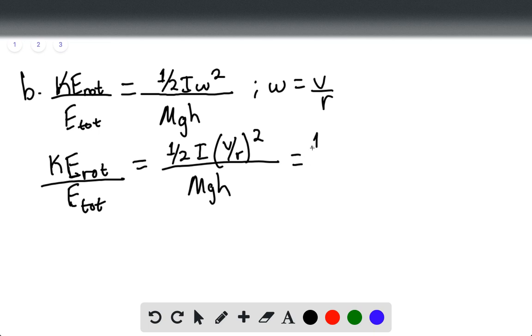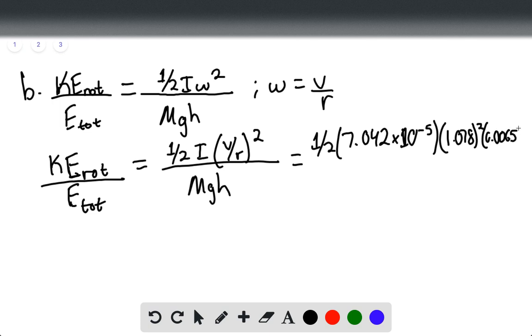And this is going to equal 1 over 2, and then 7.042 times 10 to the -5th, and then this will be 1.078 squared over 0.0065 squared, to the -1st.